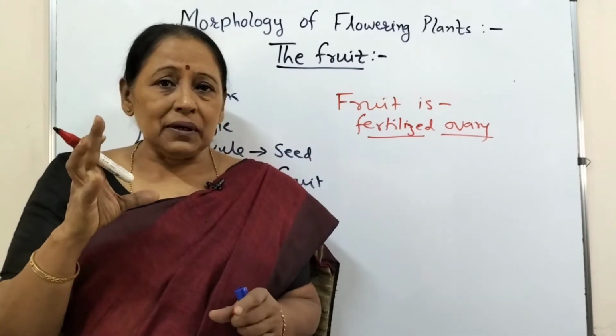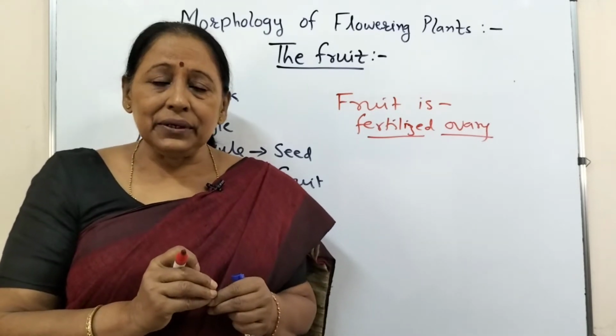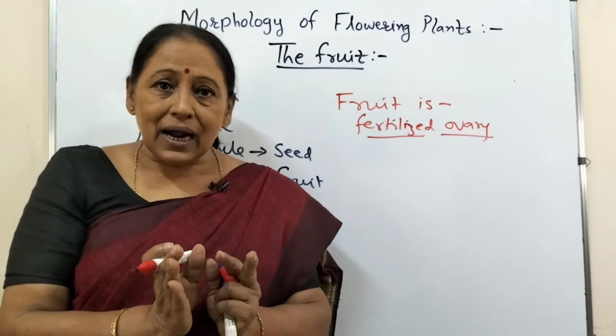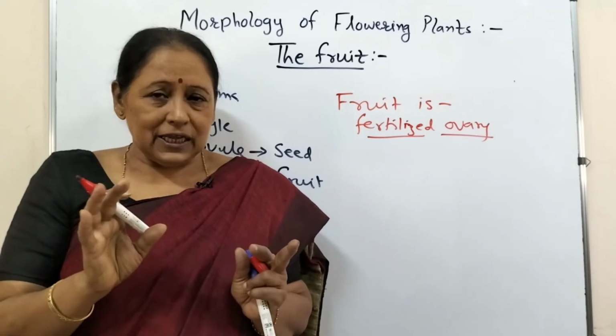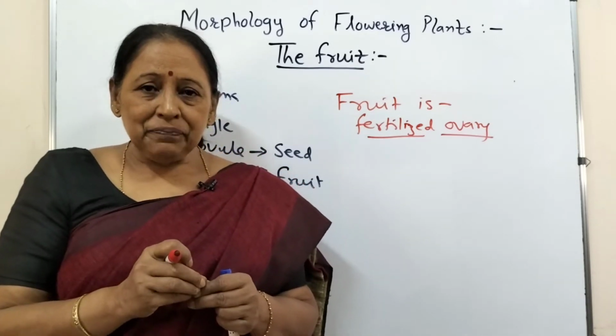Now these angiosperms, they develop some business sense. What do they do? They prepare a fruit around the seed. This fruit is of no direct use to the plant, but it is going to be very beneficial for it.